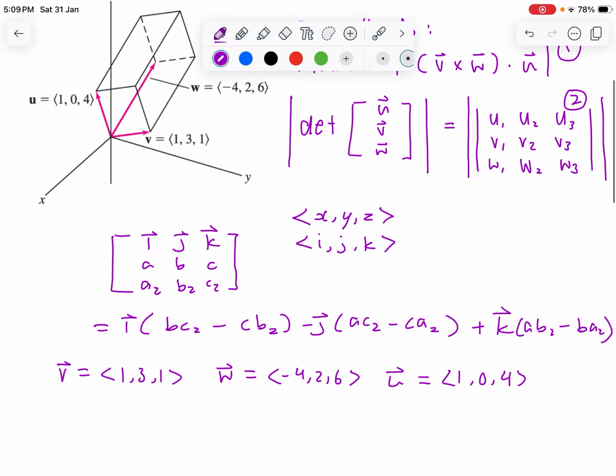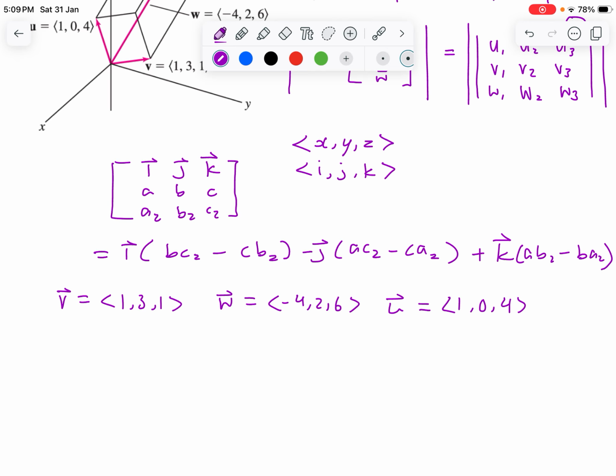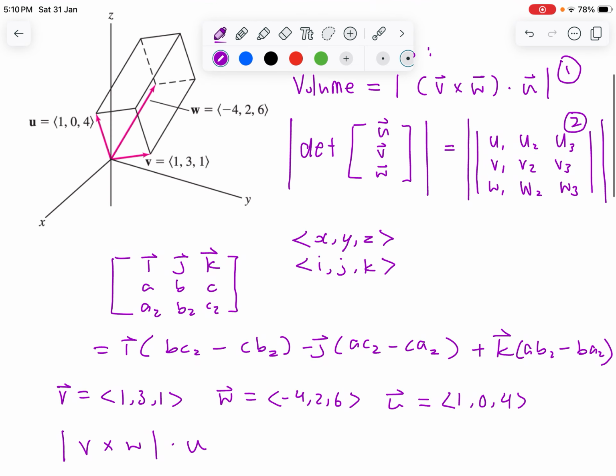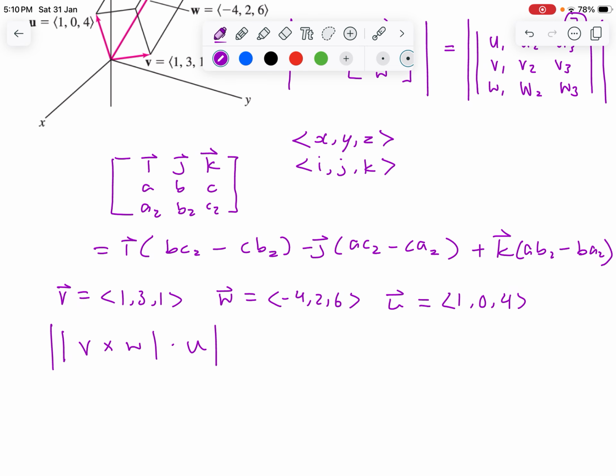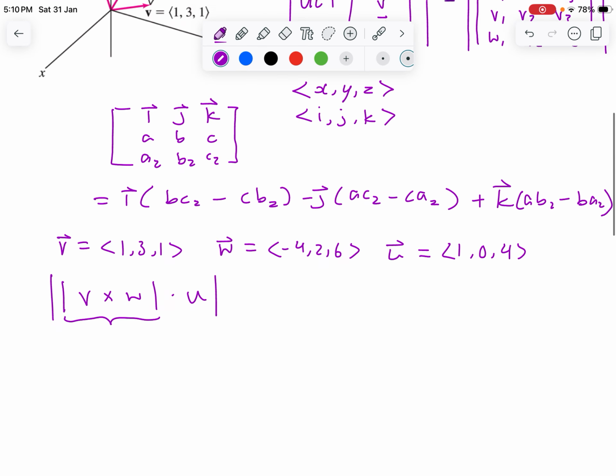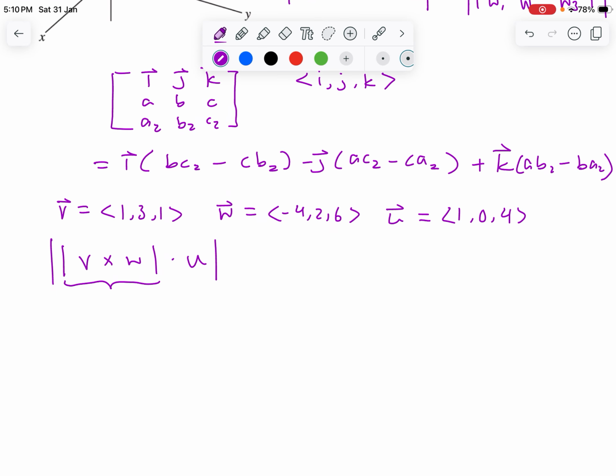And to use our first method, we want to get the cross product. Again, it doesn't matter, but in this scenario, we're going to try to do cross product of v and w first. So just to write it more clearly, we do v times w, then multiply by u, and then absolute value that. Actually, let me just write this whole thing out.